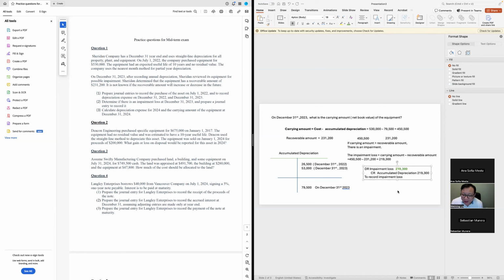Oh, okay. So when we record the impairment loss, we are reducing the carrying amount to equal what? By booking impairment loss, we are trying to bring the carrying amount down to which value? So we make a journal entry to recognize the impairment loss so that the carrying amount will decrease to which value?